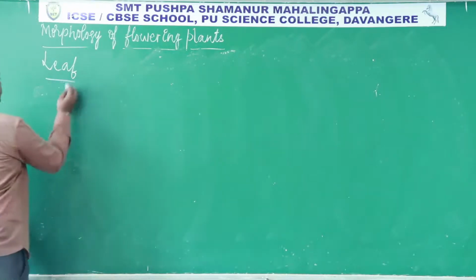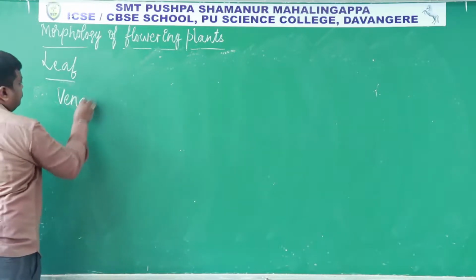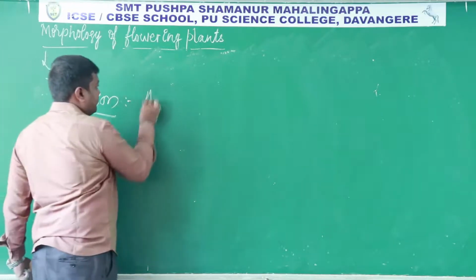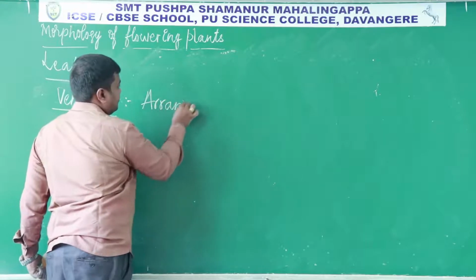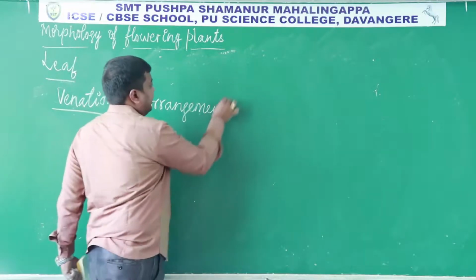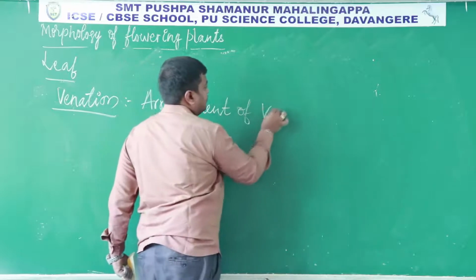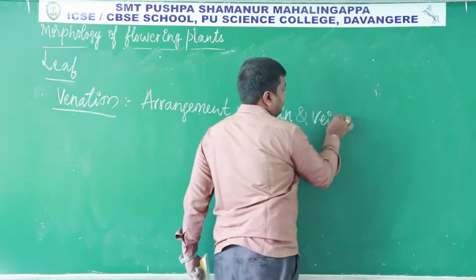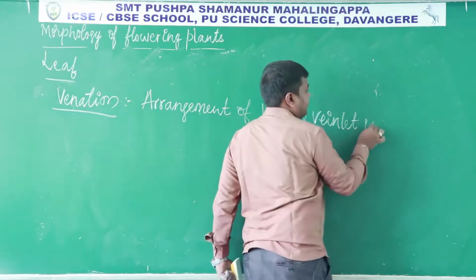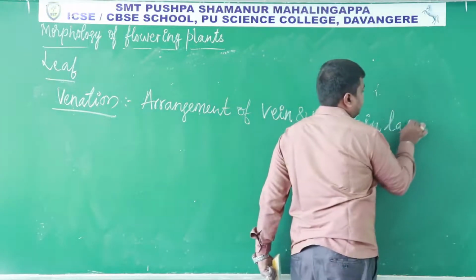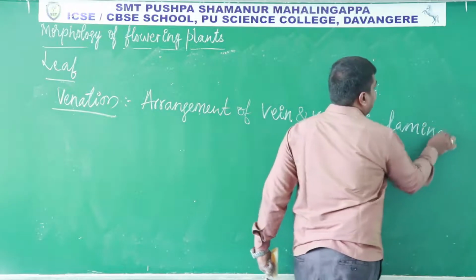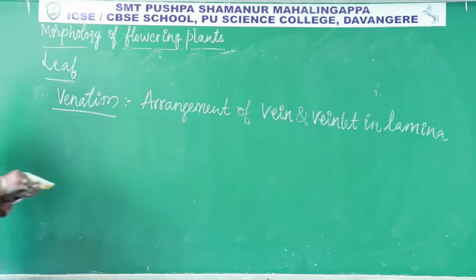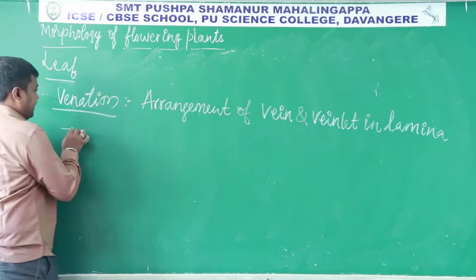Okay. So the arrangement of vein and veinlet is called as venation. Venation, it is the arrangement of vein and veinlet in lamina. ಲಮೈನಾದಲ್ಲಿ ವೆಯ್ನ್ ಮತ್ತು ವೆಯ್ನ್ಲೆಟ್ ಹೆಂಗೆ ಅರೇಂಜ್ ಆಗಿರುತ್ತೋ ಅದನ್ನು ನಾವು ವೆನೇಷನ್ ಅಂತ ಕರಿತೀವಿ. ಓಕೆ, ಸೊ there are two kinds of venation.